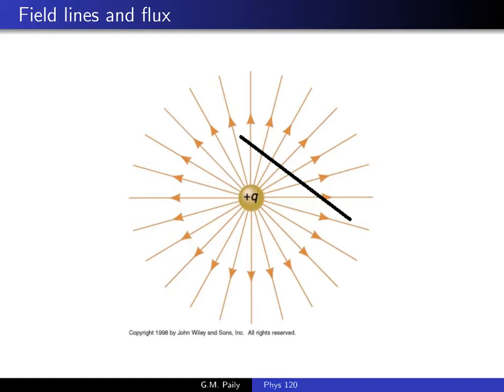Flux is a scalar quantity and can be positive, negative, or zero. So how do we decide if the number of field lines passing through a given area, if that number is positive, negative, or zero? To do that, we need to first introduce the concept of an area vector.